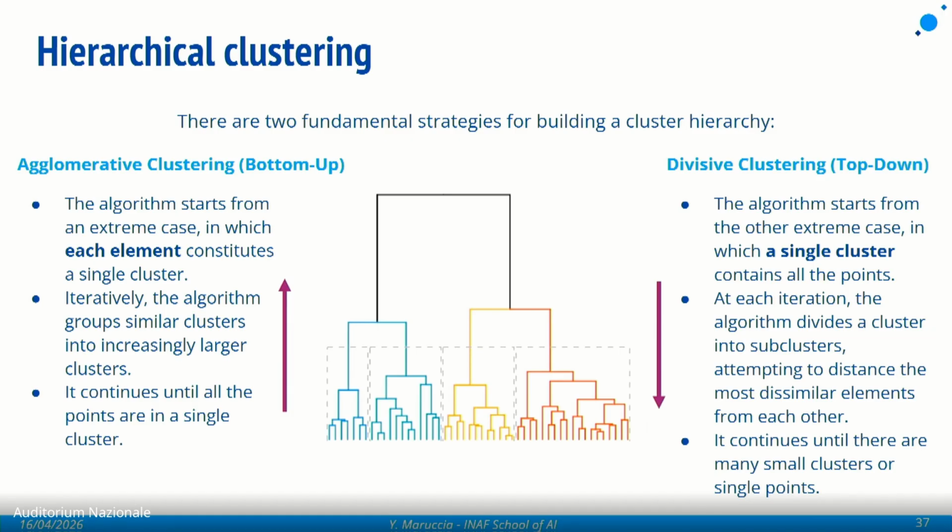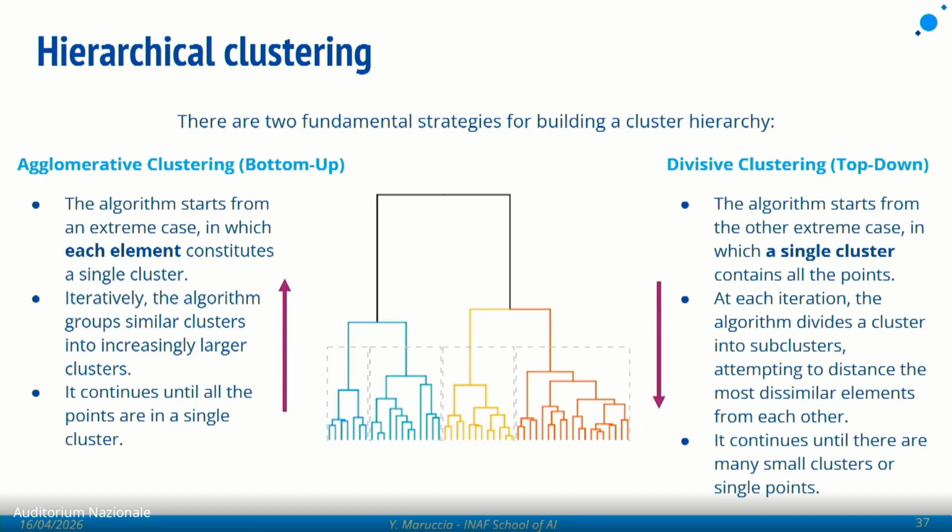The agglomerative clustering starts at the bottom, so each point is a leaf, each point is a cluster, and then iteratively it tries to group similar data within the clusters, calculates the distance, and groups the similar clusters iteratively, and at the end we have only one cluster, the unique cluster in which all the data are grouped.